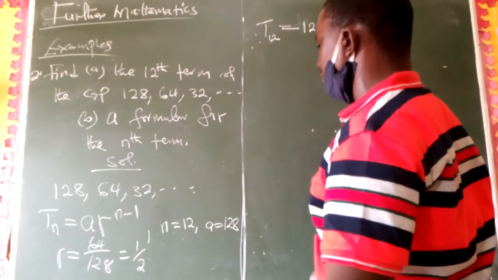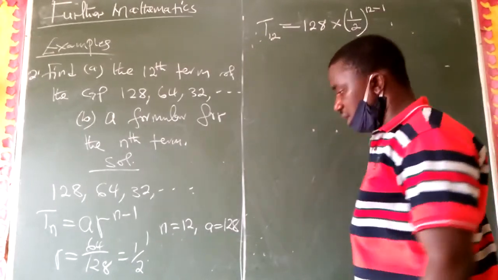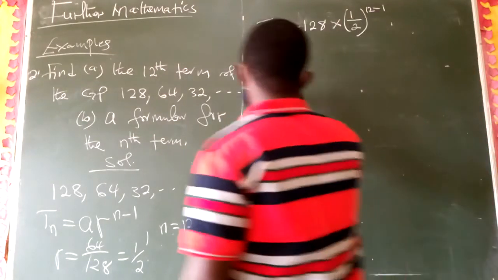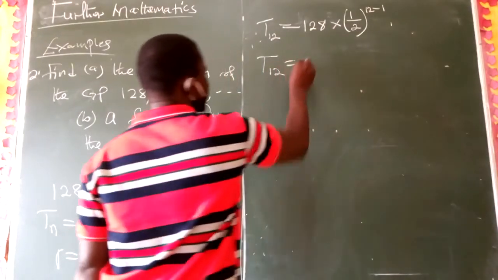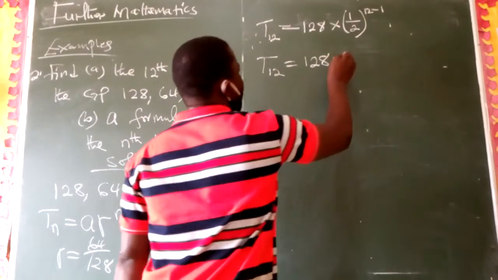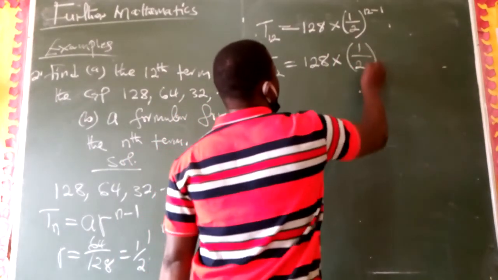My n is 12, so I put 12 minus 1. Any problem with this? This is quite interesting. So we're going to have 128 times 1 over 2 raised to power 11.